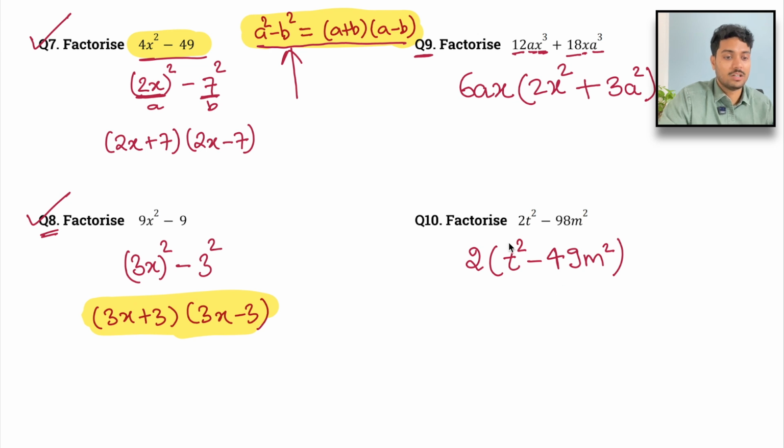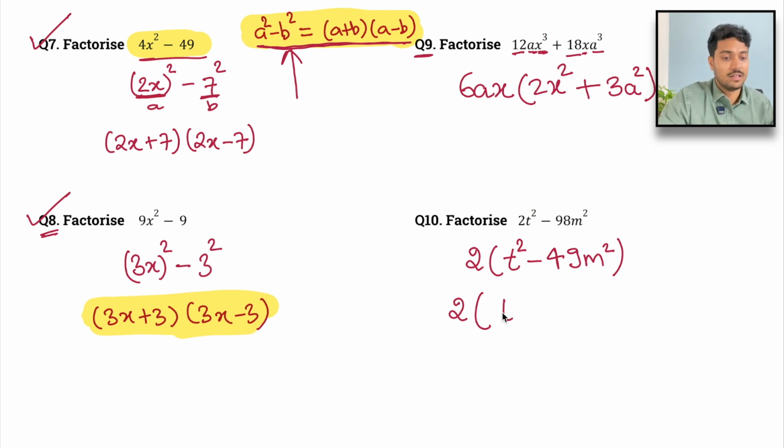Again, both the terms written inside the bracket, we have to check whether this can be written in the form of a squared minus b squared, and then we can check whether it can be factorized further. So 2 will be written here, and now t squared minus 49m squared. Again, 49 is also a perfect square number. That means yes, it can be written in this form.